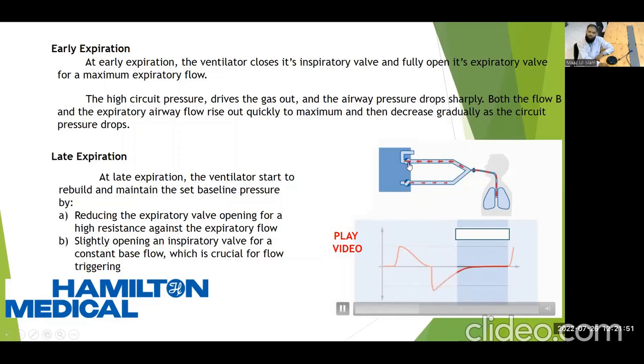Then the expiratory valve is half open and the inspiratory valve is also half open in late expiration time, to maintain the baseline of the lungs, or to maintain the PEEP of our lungs.